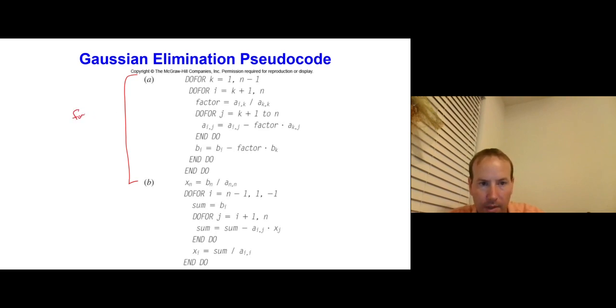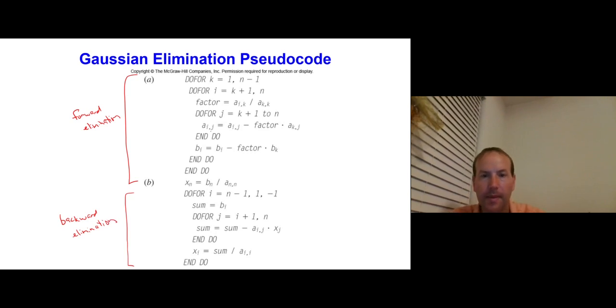This is the forward elimination, and this is the code for backward elimination. The basic idea is that there are multiple for loops that loop down through the rows as needed. In your problem set, you're going to be implementing your own version of something like this in Python.